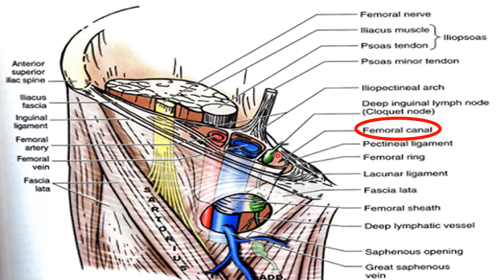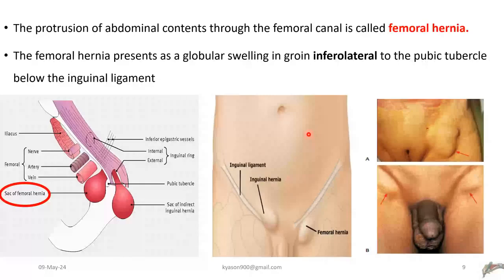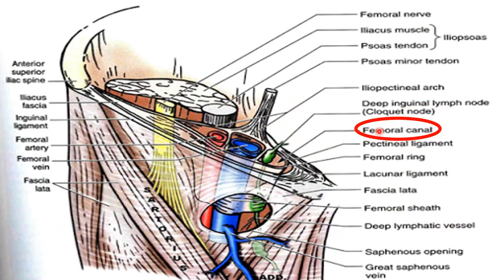This femoral canal, usually it's going to be almost closed by some connective tissue. Of course, it's closed to prevent structures from the abdomen from easily going through it. Okay. But of course, if the intra-abdominal pressure gets so high, it's possible for the intestinal coils to force themselves through the femoral canal.